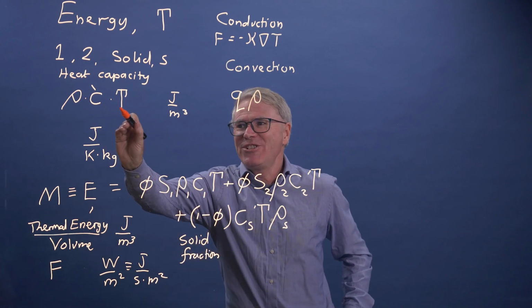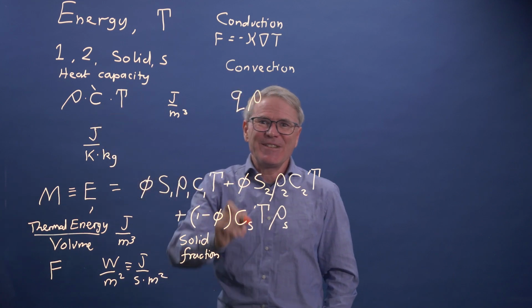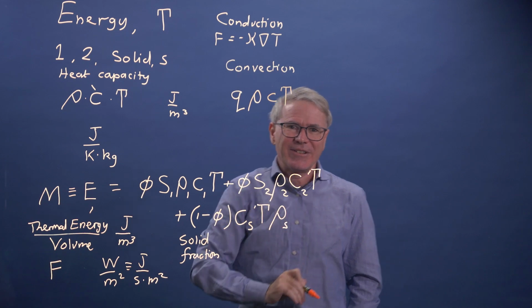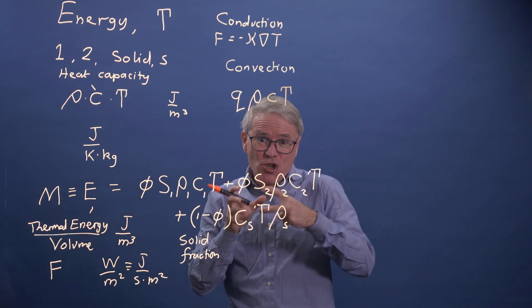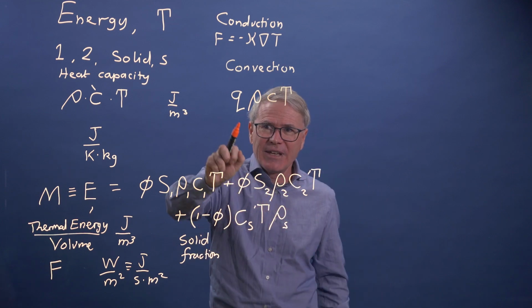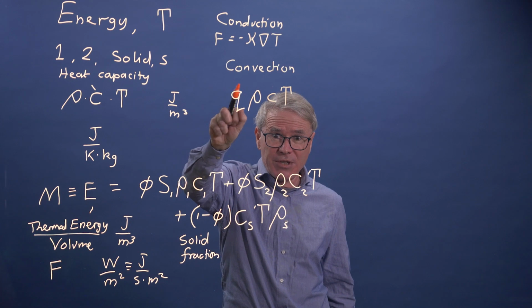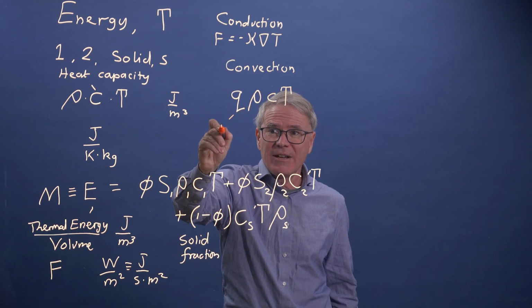And what energy does it deliver? It has this energy CT. So convection, okay, is the delivery of heat due to movement. And it's proportional to Q from Darcy's law, because that's the volume flowing per unit area per unit time.